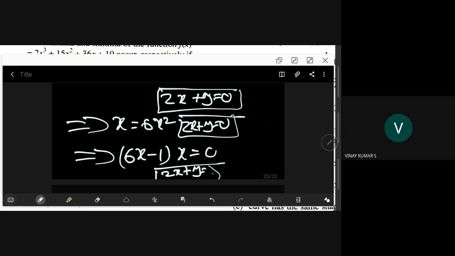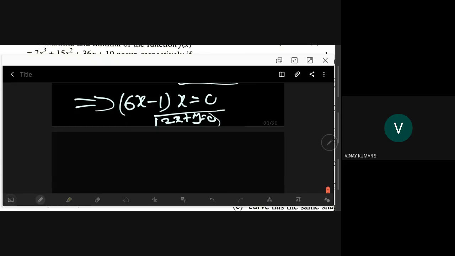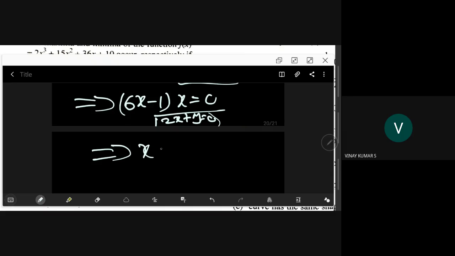So x is equal to 0. If x is 0, y is also 0. That is one choice. Another is x is equal to 1 by 6, so y is minus 1 by 3. This is another choice. So we have two choices now.